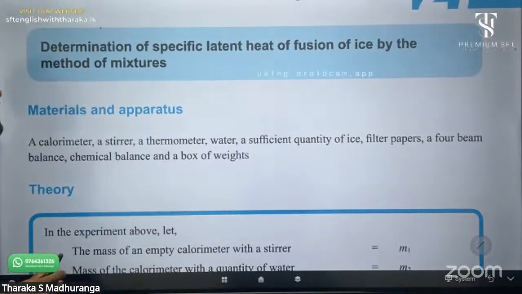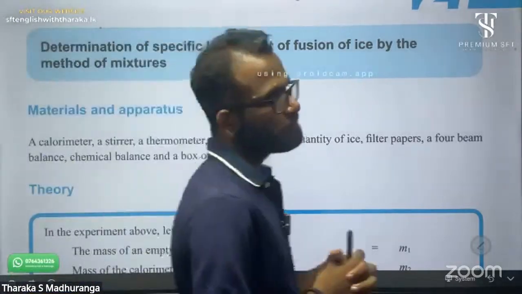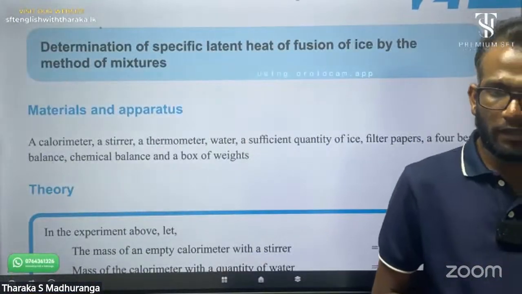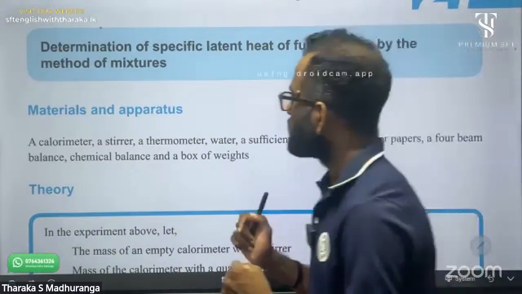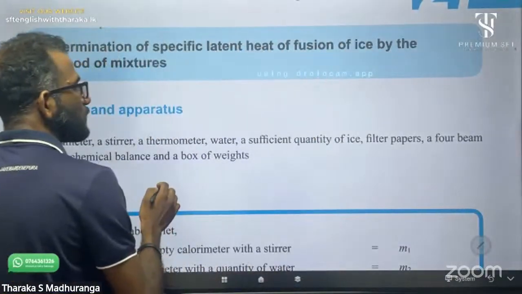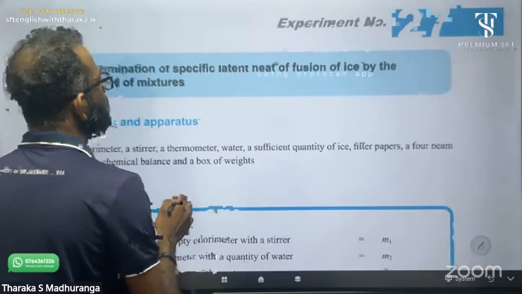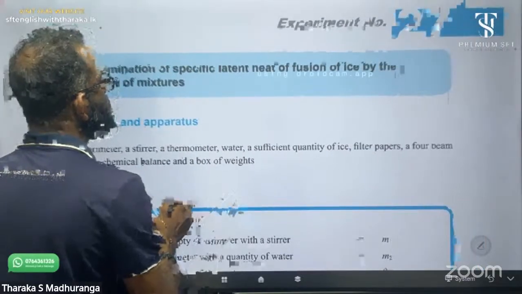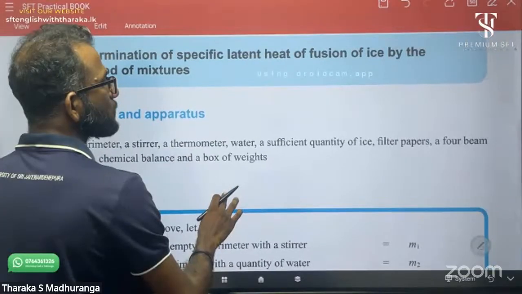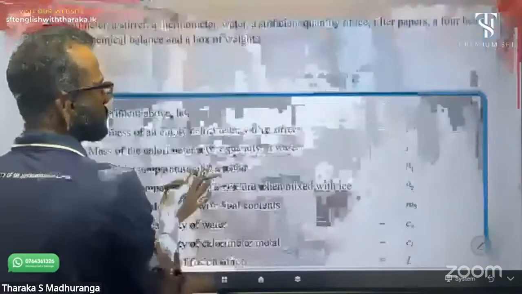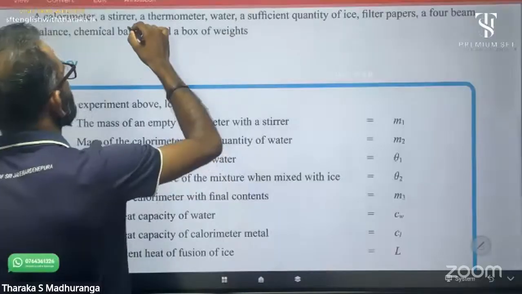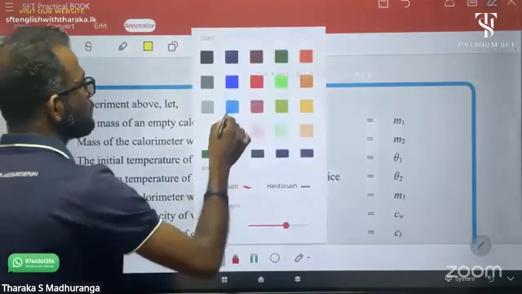Determination of the specific latent heat of fusion of ice by the mixture method. First, for that one also we have to select a calorimeter and measure its mass as M1.